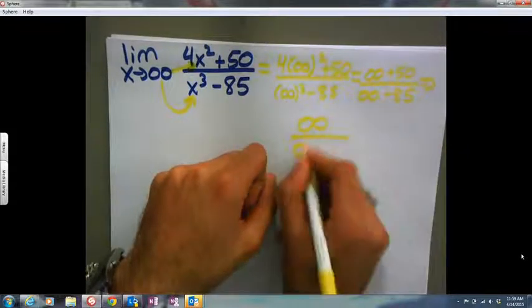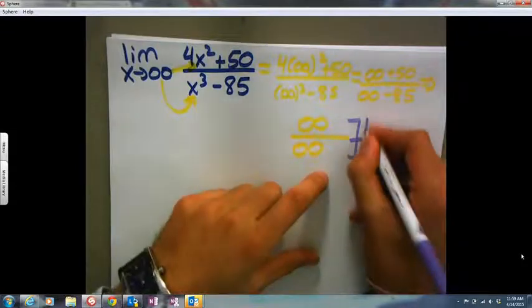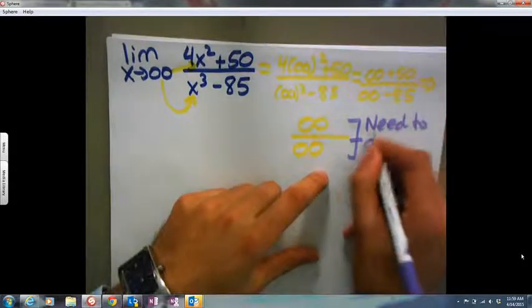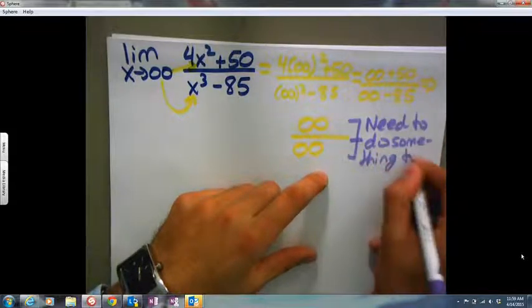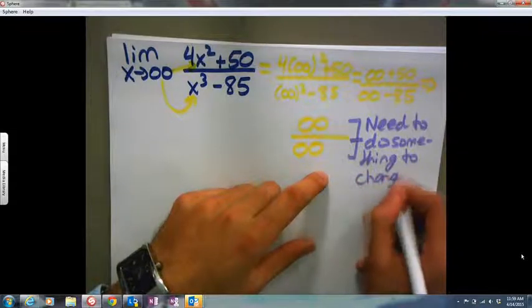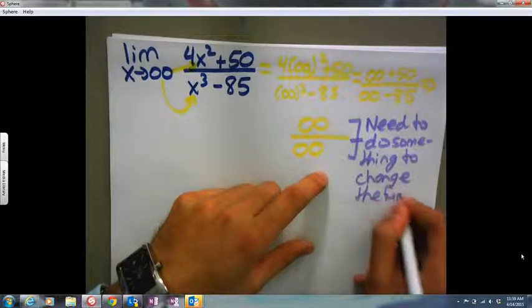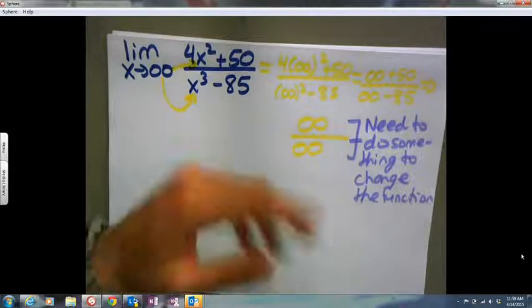When we get something like this, we need to think to ourselves, this is not indeterminate like 0 over 0, but in some senses it is similar, in that you need to do something to change the function. Because we do not want infinity over infinity. We want to get something like infinity over a number, or 3 over 5, or something like that.